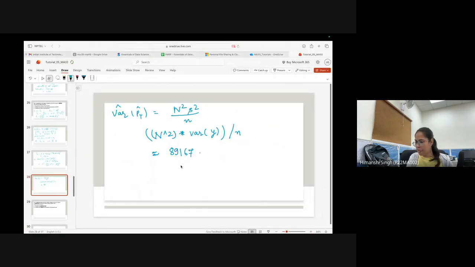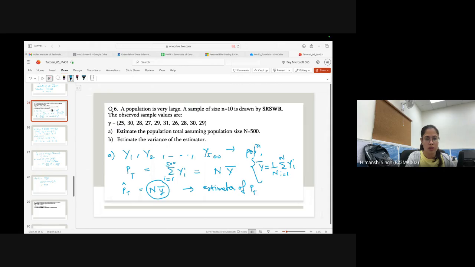Is it fine? Any doubt in this question? Basically we are finding out the estimate of the population total and the estimate of the variance of the estimator.